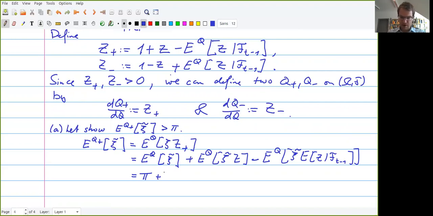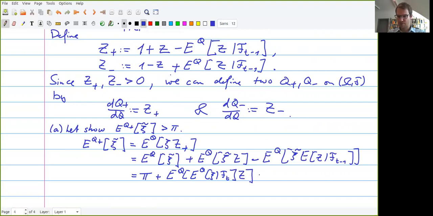Now let us use the tower property to introduce another conditional expectation. Recall that the claim is F_T measurable.